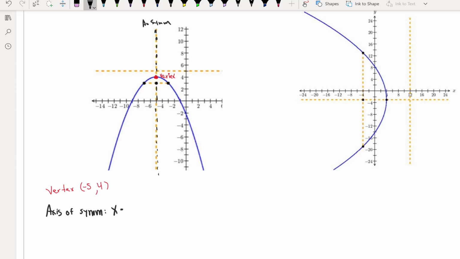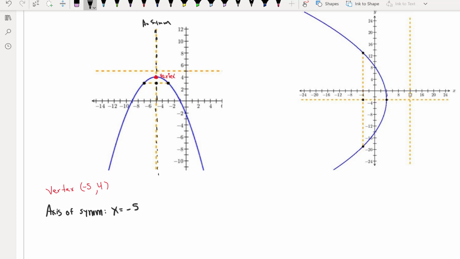And because it's a downward opening parabola, it's always going to be x is equal to that h value. So here it's going to be -5. So x is equal to -5. There we go. I really wanted that x to look nice. The axis is x is equal to -5.